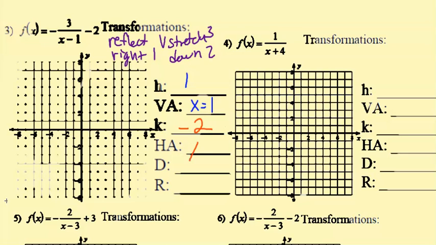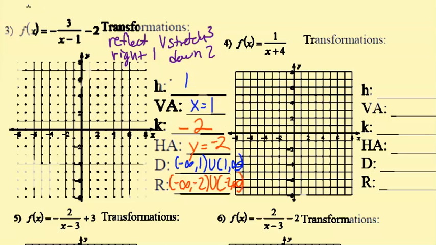So your horizontal asymptote is at y equals negative 2. Your domain will be from negative infinity to 1, union 1 to infinity. And then your range will be from negative infinity to negative 2, union negative 2 to infinity.